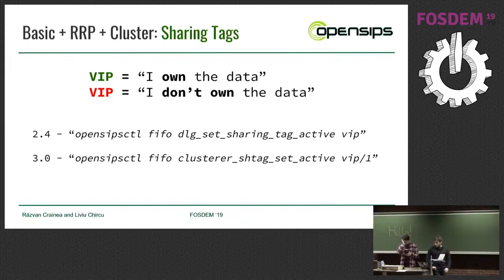So in 2.4, you can change these tags with the dlg_set_sharing_tag_active command. And in 3.0, we moved the logic over to the clustering module. I guess this is just a detail, but you can hook these commands into the Keepalived switchover procedure and automate this, such that when the switchover happens, it also switches the tags. So it switches the proper ownership of the data to the respective node.